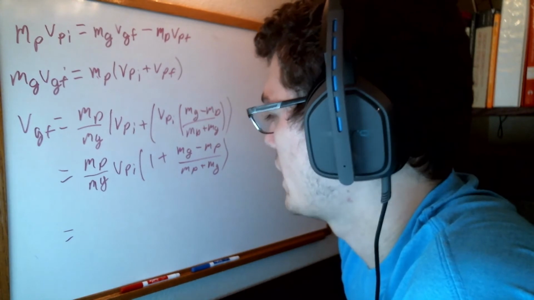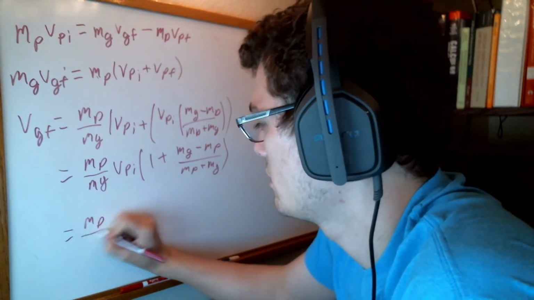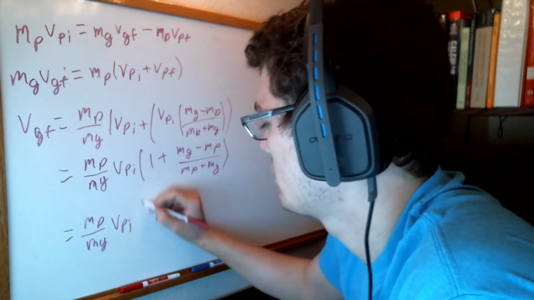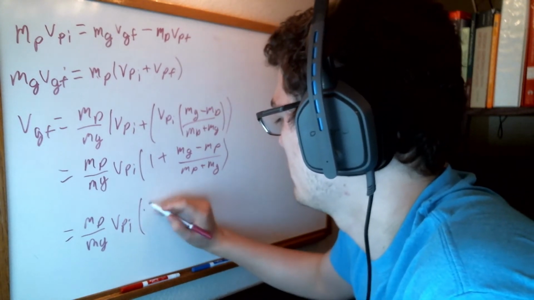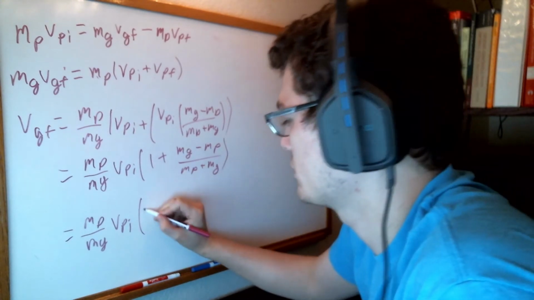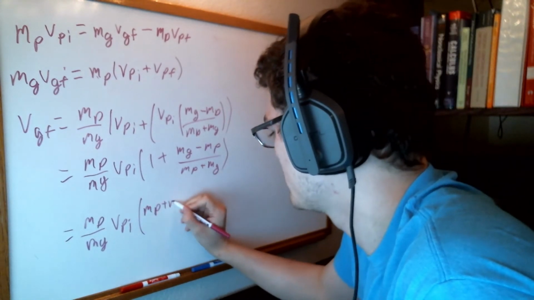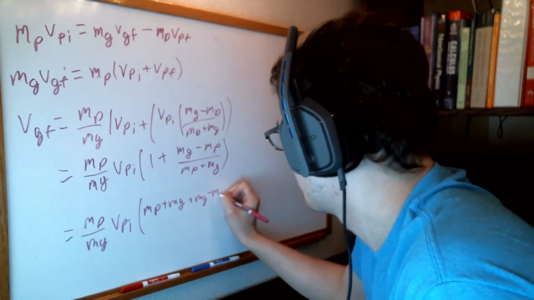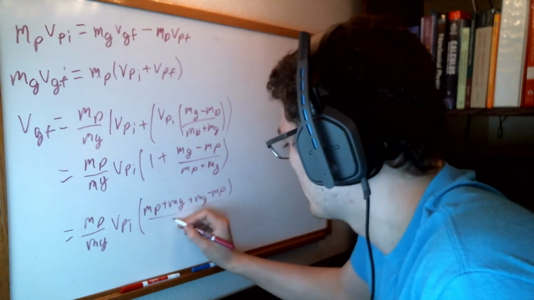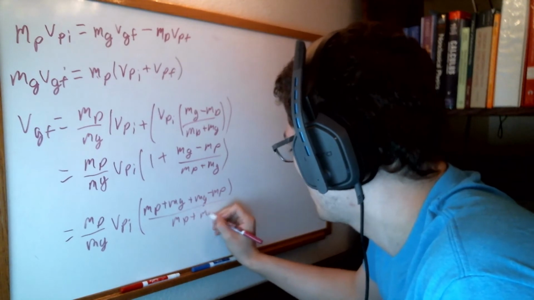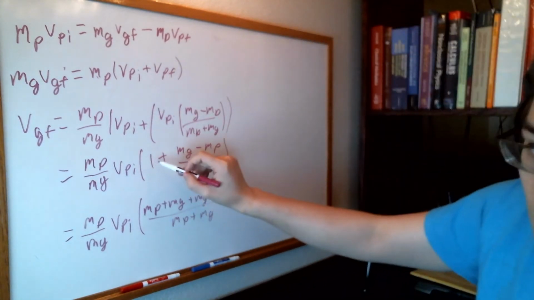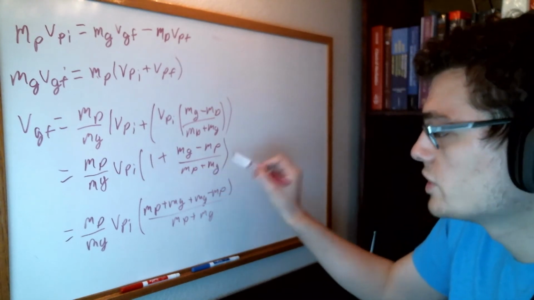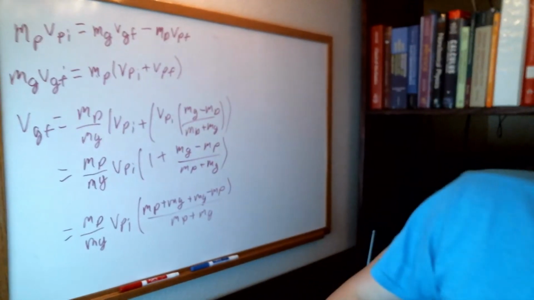So then we're going to have mp, mg, vpi, and then you'll have this all over one factor, and this will be mp plus mg plus mg minus mp, all over mp plus mg. So I took this 1, and 1 is just equal to mp plus mg over mp plus mg.